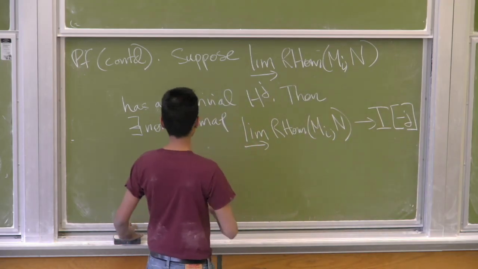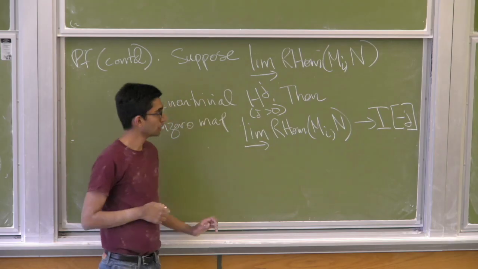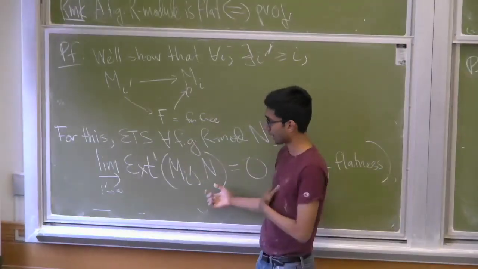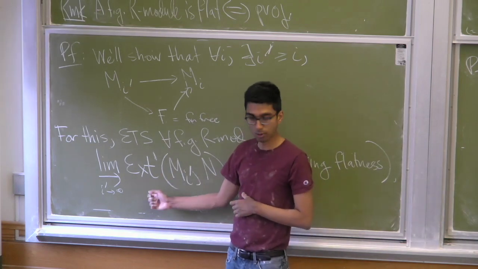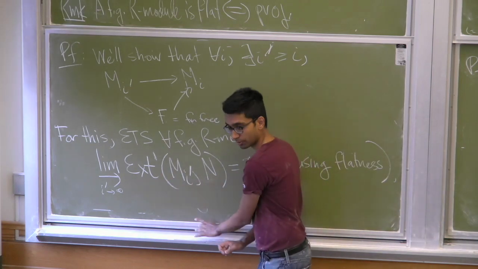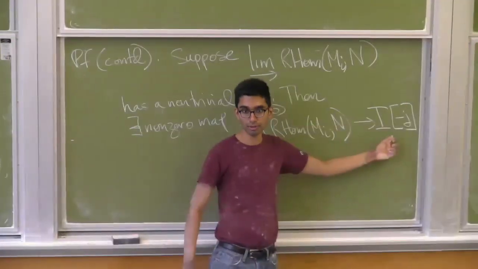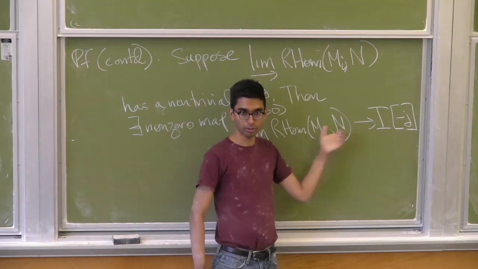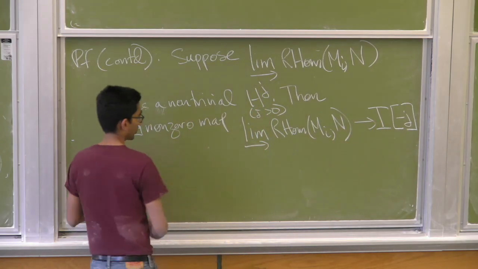So this has a non-trivial Hj for some j. We're trying to show, again, this colimit of x1 is non-zero. I was just saying let's replace 1 by any j. If it's non-zero, then there's an embedding from this module into an injective module, which gives you a map in the derived category like this. Again, we're using that it's an injective module, so a map on cohomology automatically lifts to a map in the derived category. So you get such a map.